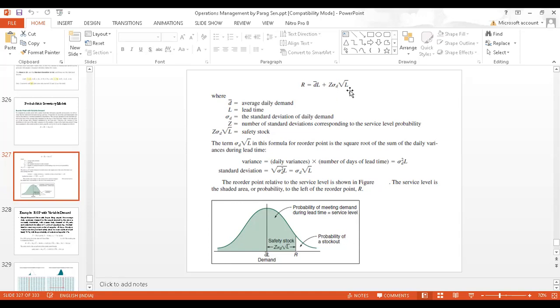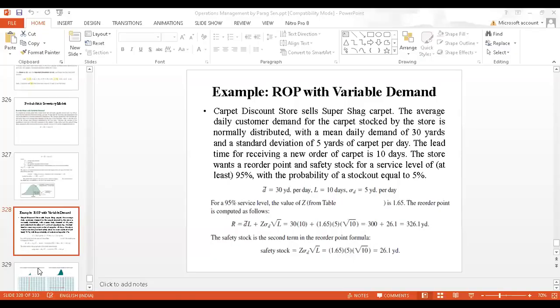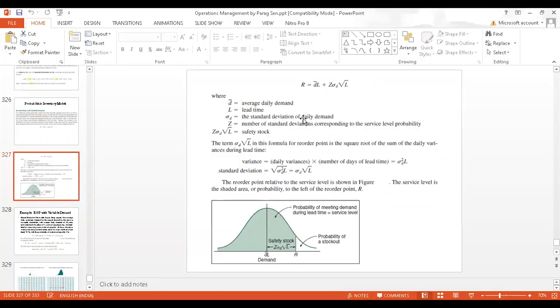This is sigma d into root L, and that's why the formula looks like this. So this is the way that you calculate the safety stock and also the reorder point.